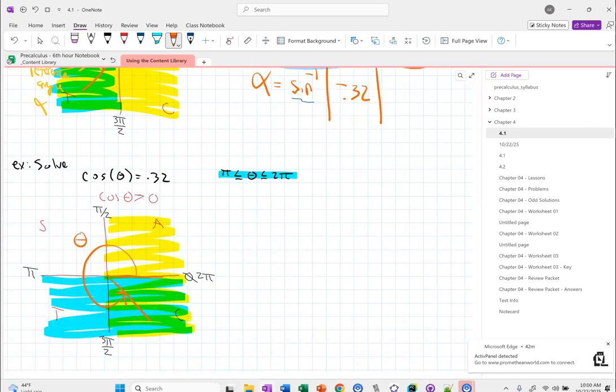So that's what my solution's going to look like. Draw that line in the circle, it doesn't have to be exact. As long as the terminal side is in the correct quadrant, you're okay. That's as good as we're going to be able to do with the information that we have available to us right at this second.